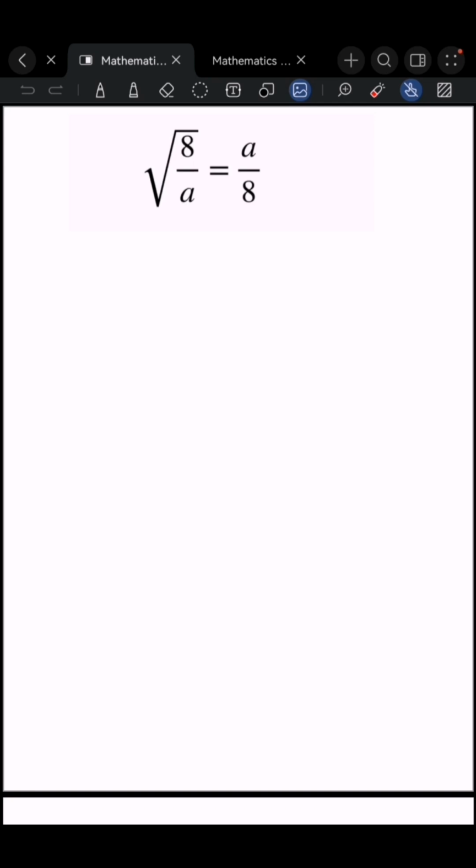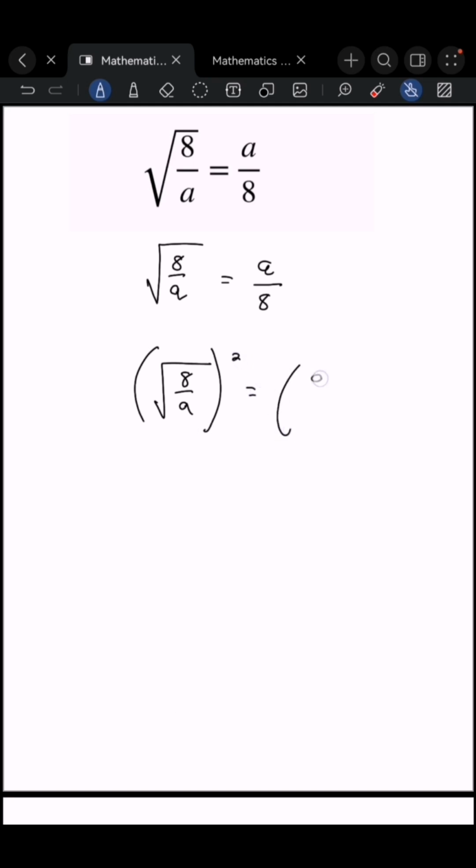The square root of 8 over a is equal to a over 8. So solve for the value of a. Okay, so if we have the square root of 8 over a is equal to a over 8, we square both sides, the square root of 8 over a squared should be equal to a over 8 squared.